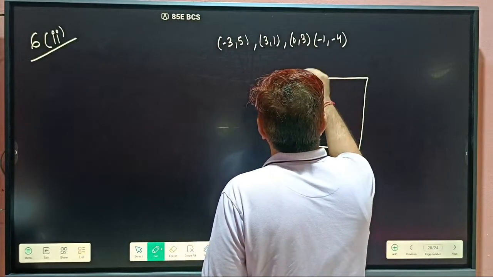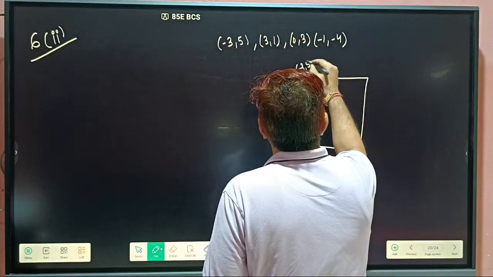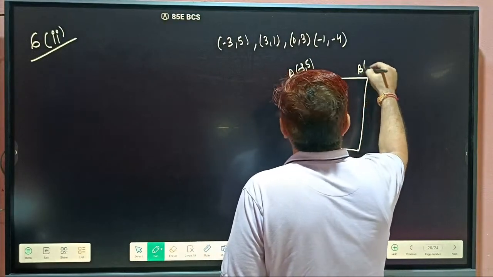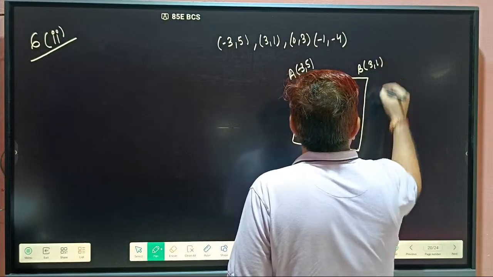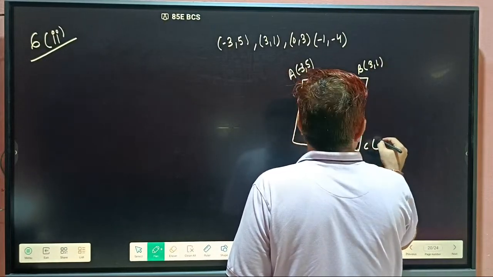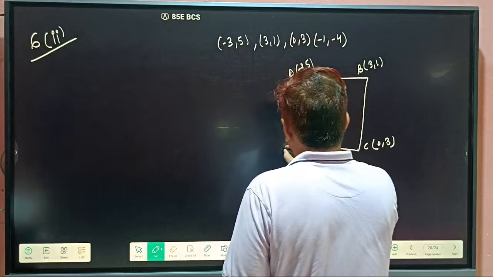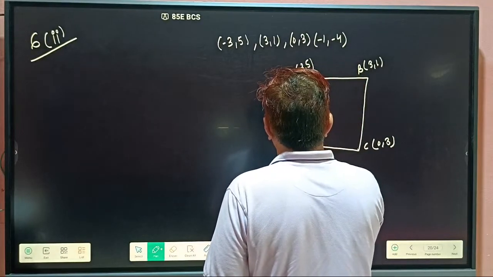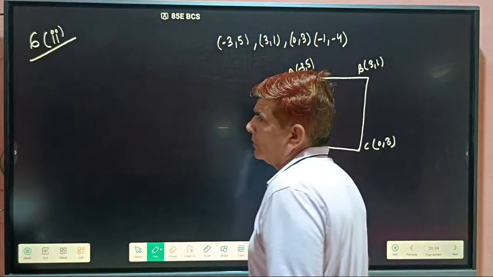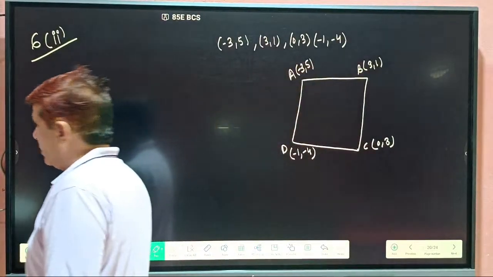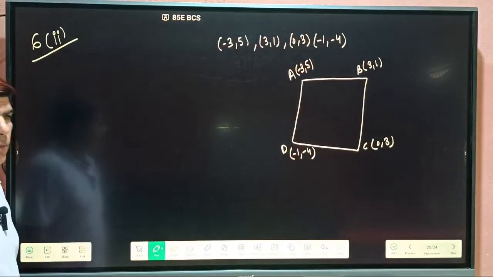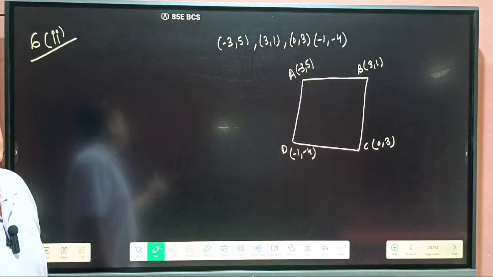A is a point whose coordinates are (-3, 5), B is (3, 1), C is (0, 3), and D is (-1, -4). We have to tell what type of quadrilateral is formed by these 4 points.